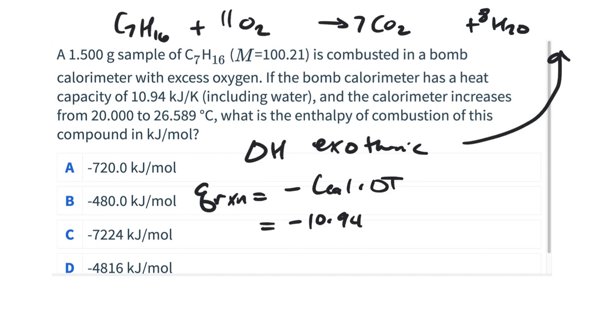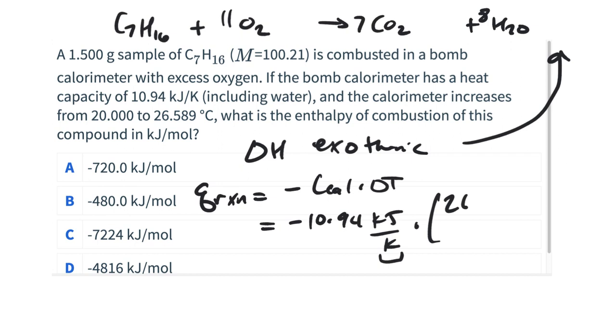If we write the units in, we're not going to wonder, where's the mass? Do I need to multiply by 1.500 grams here? We don't need to multiply by the mass of the sample. We don't even know how much mass of water there is, so we don't really know the mass of our solution anyways. Here we see no mass unit, so we're just multiplying by the temperature change.